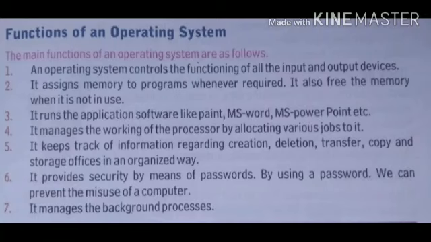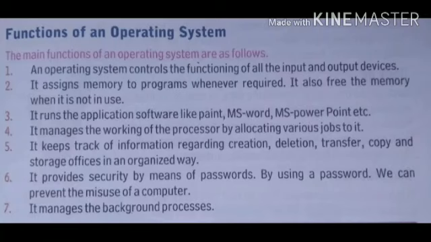Operating system keeps track of the primary memory, that is, what part of it is in use by whom, what part is not in use, etc., and allocates the memory when a process or program requests it.